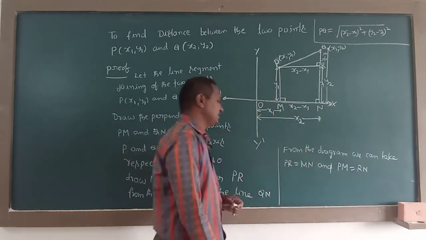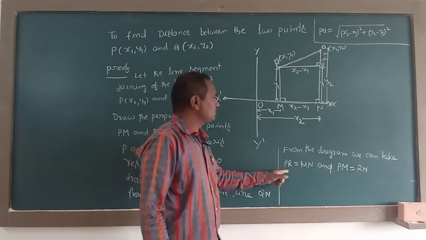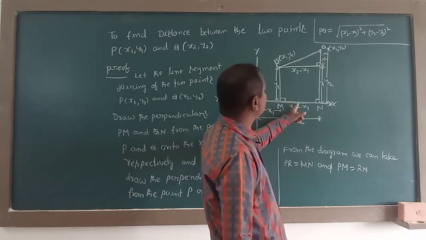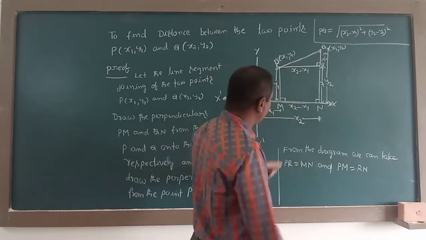Like that, we must take here. PR is equal to MN means instead of MN we can also take PR. That's what we can tell.